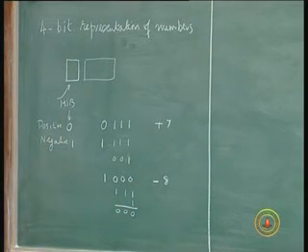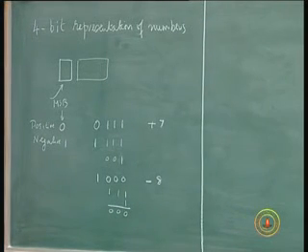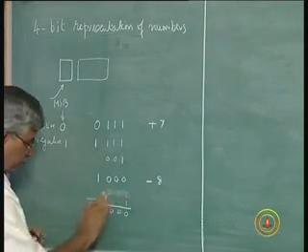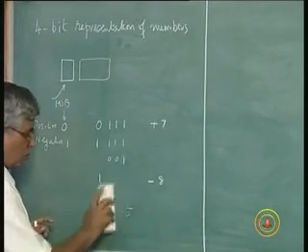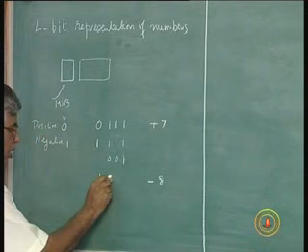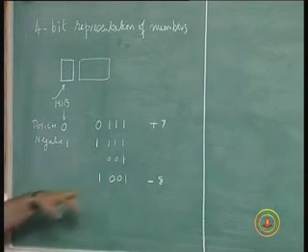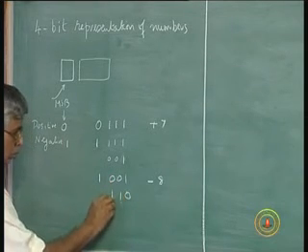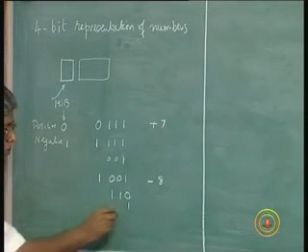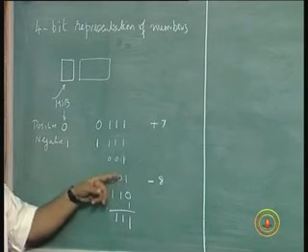suppose I have 1 0 0 1, it's a negative number. What is the 2's complement of this? Add 1, so minus 7, 1 0 0 1.